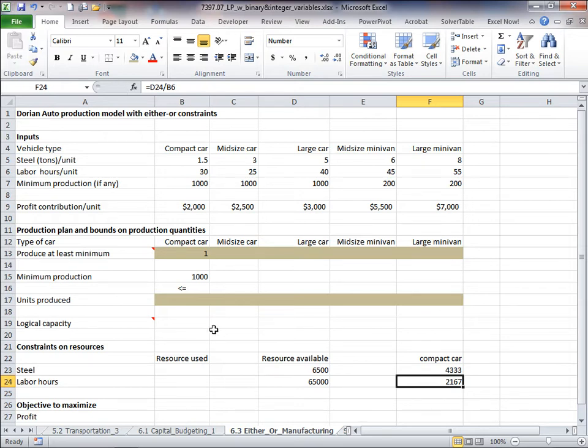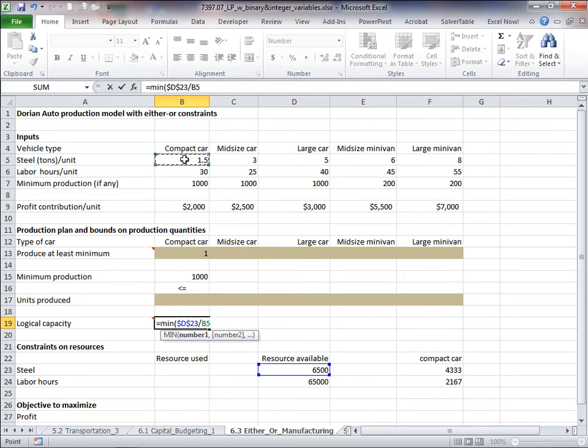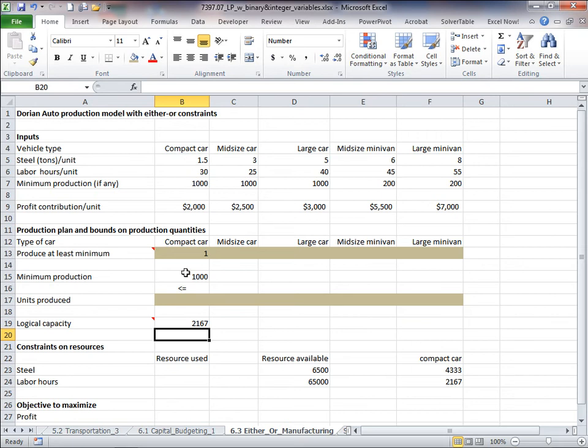How about if we modeled it in Excel by taking the minimum of resource available, I'm going to make that a fixed value, divided by steel, and labor hours divided by labor. All right, so there's my 2167. Thank you very much. You're too kind. All right, so is that my logical capacity?